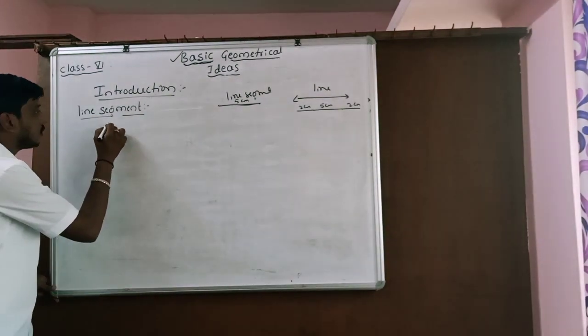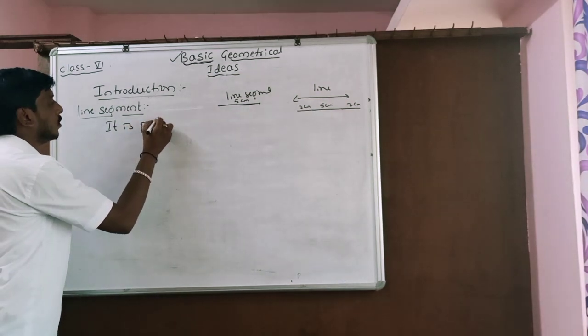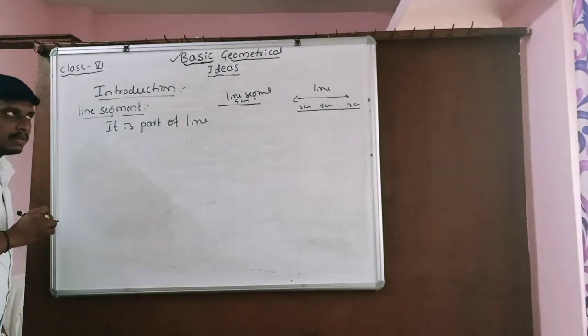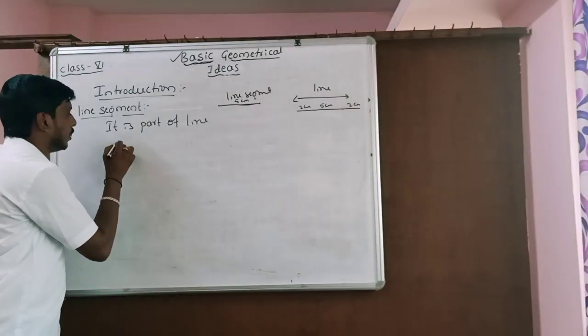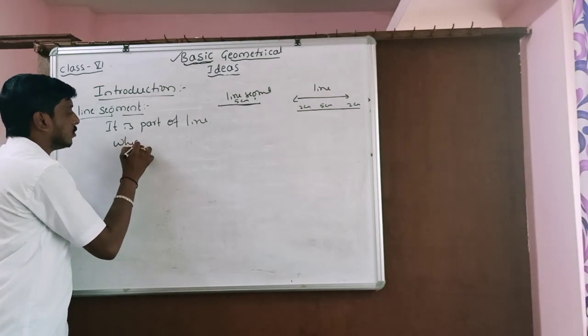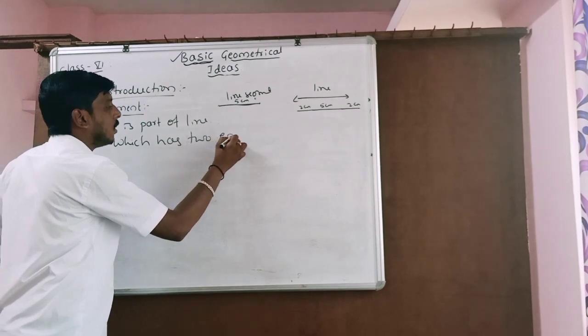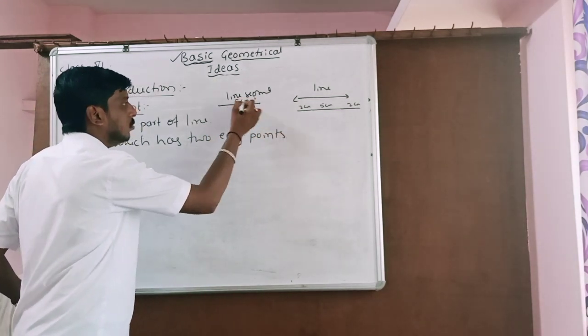So what do you mean by line segment? It is a part of a line. Part of a line means it is a line which has two endpoints, so we cannot extend it on both sides.